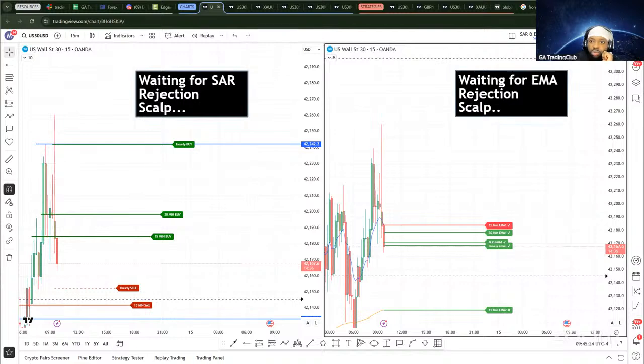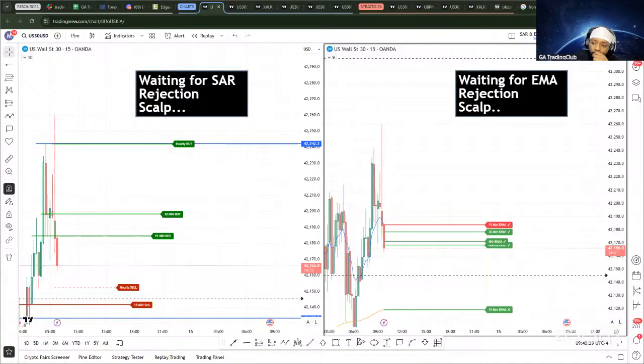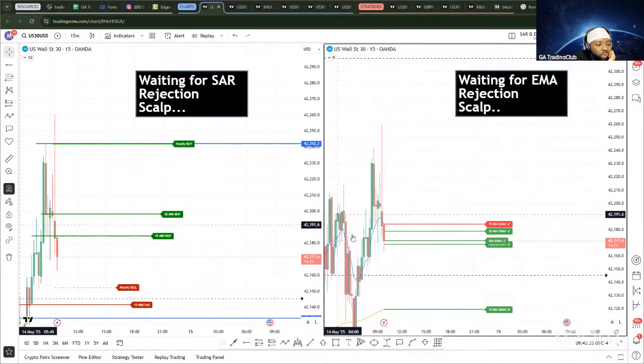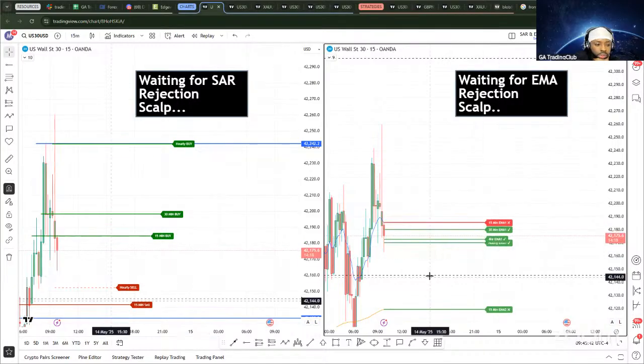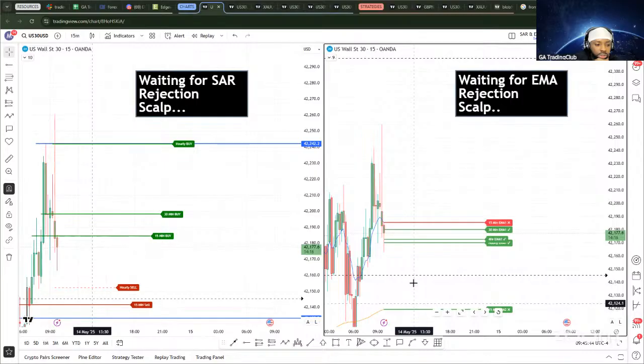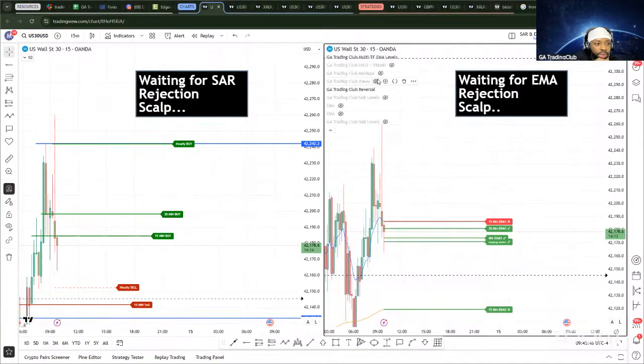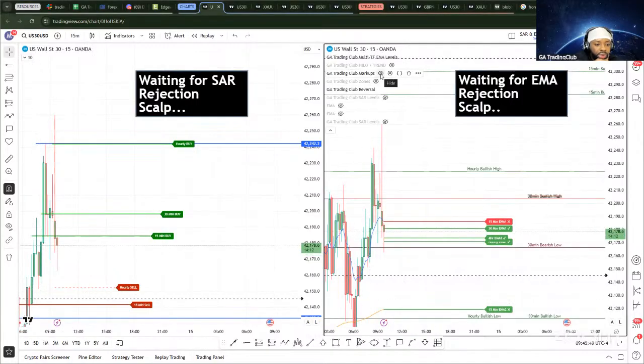US30 rejection resistance. Entry. All right, so we have an EMA entry that's pending here. There we go. What markups, order blocks do we have here? Okay, this is perfect.